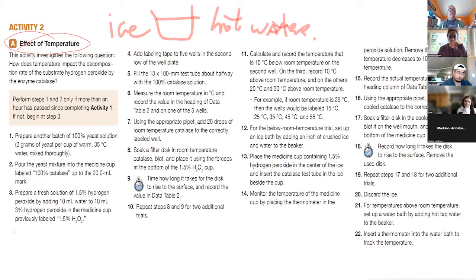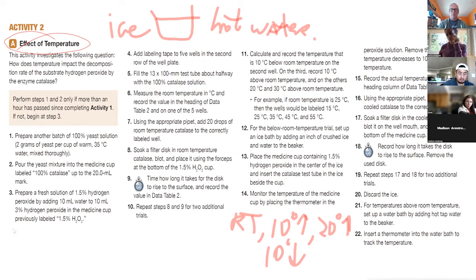And so we do that one 3 times. So we look at room temperature, 10 degrees above, 20 degrees above, 10 degrees below, 20 degrees below. So we just either heat it in hot water till it gets to 10 degrees, take it out, do our reaction, or leave it in there for 20 degrees.